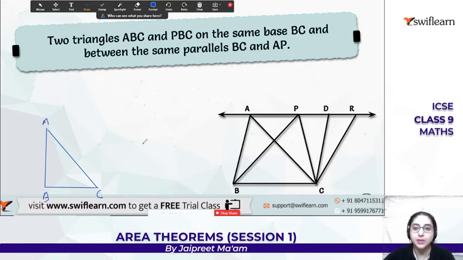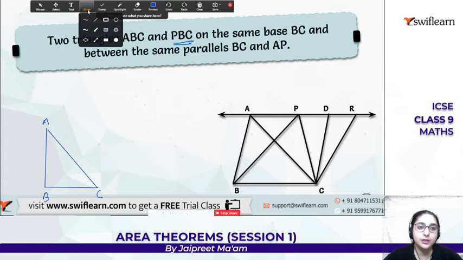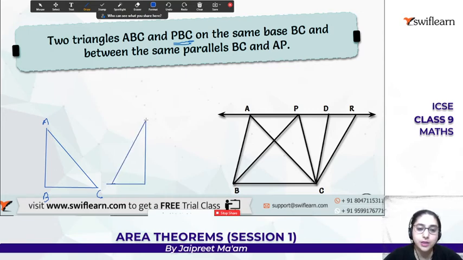So this is ABC, and we have another triangle, BPC, just opposite and the same in shape. Again we will prove that the triangles are congruent. This is very easy. This is not the same, so let me draw it again. It will be like this.